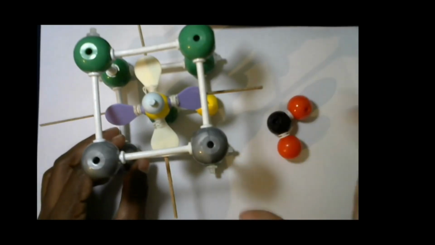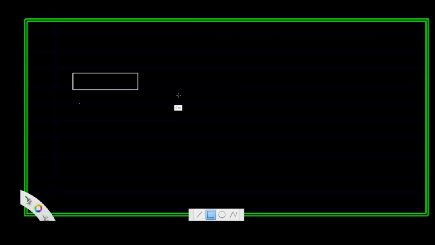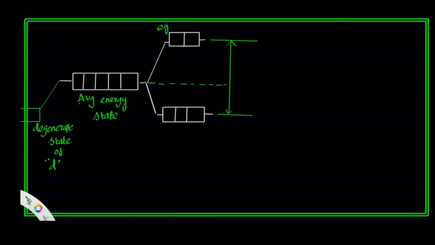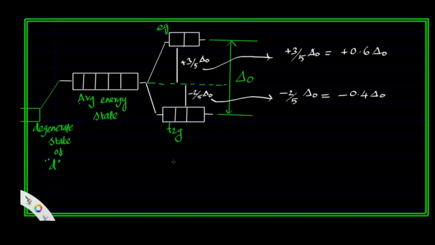Now it's clear. In this diagram, this is the degenerate orbital.